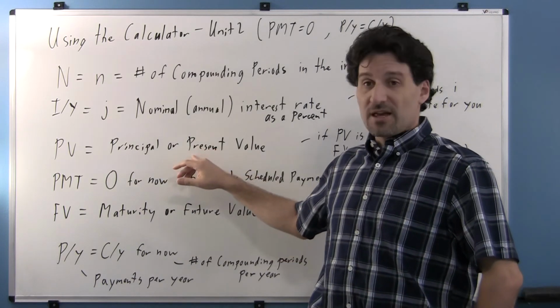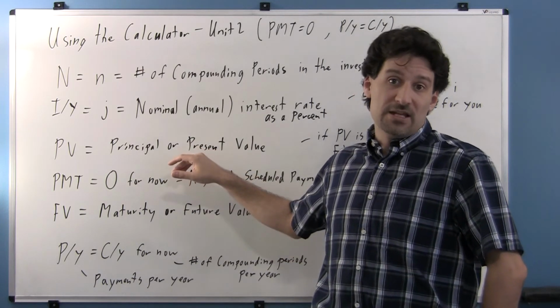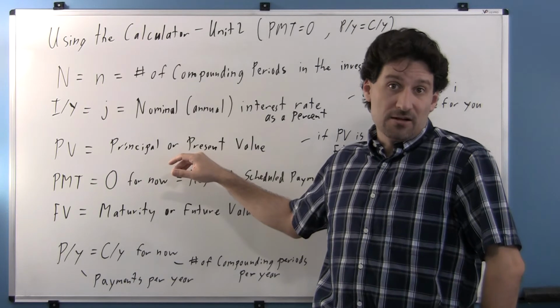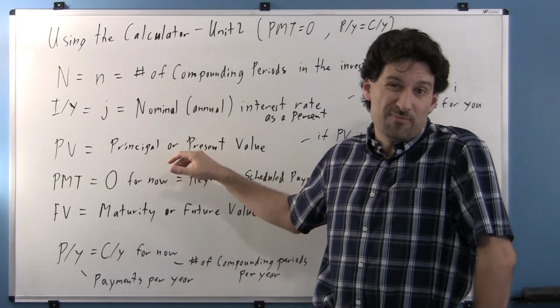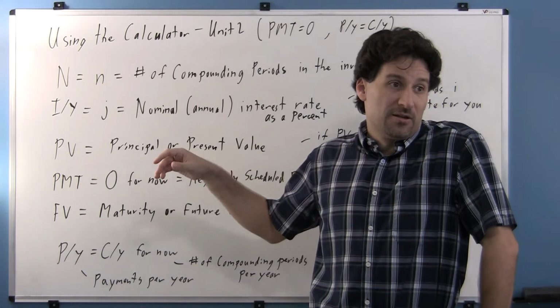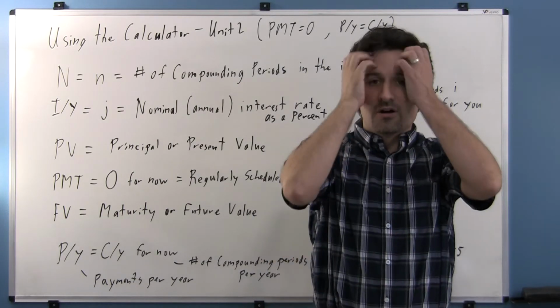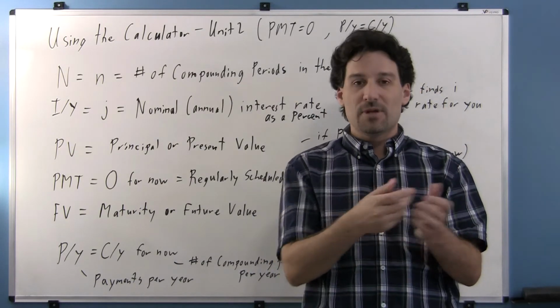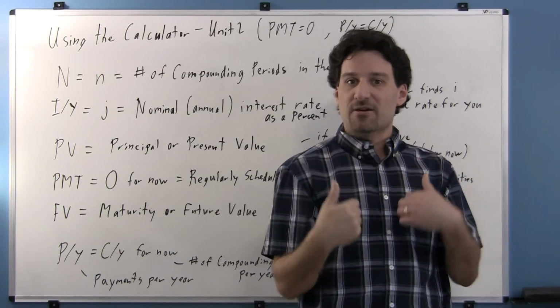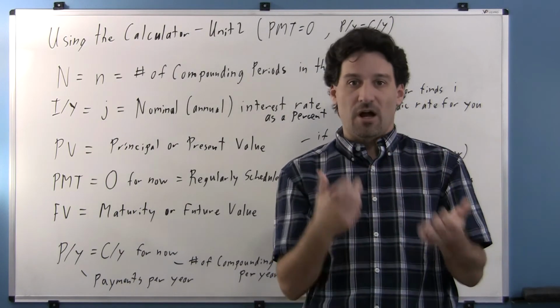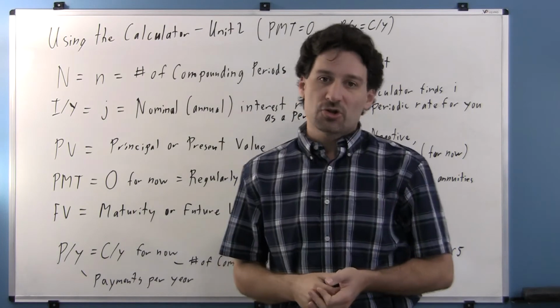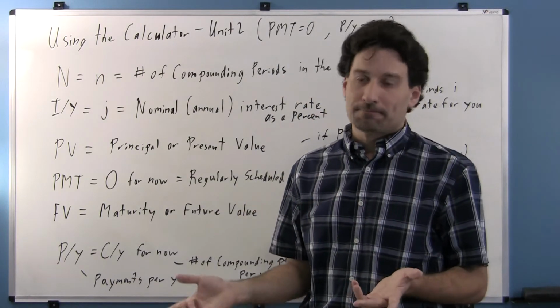If I'm investing $1,000, I'll call that a PV negative. If I'm taking out a loan for $1,000, I'll call PV positive. But the person on the other end is just doing the opposite of me. I invest, they give me the loan, so they're investing $1,000 in me. So they'll call theirs negative, I'll call mine positive. So we're just trying to track which way the money's flowing.